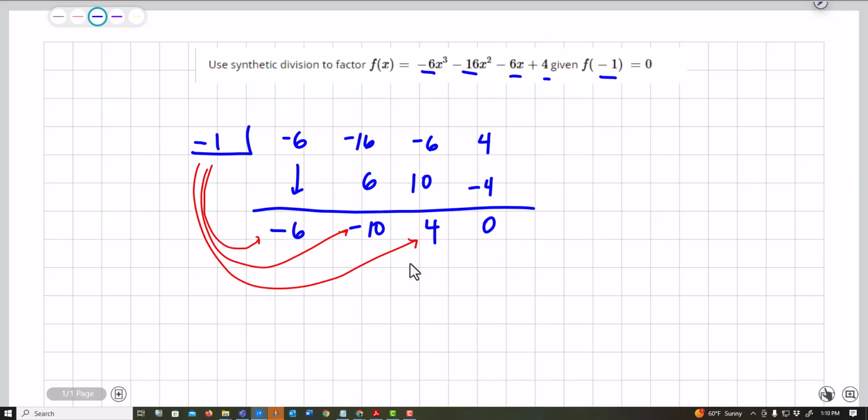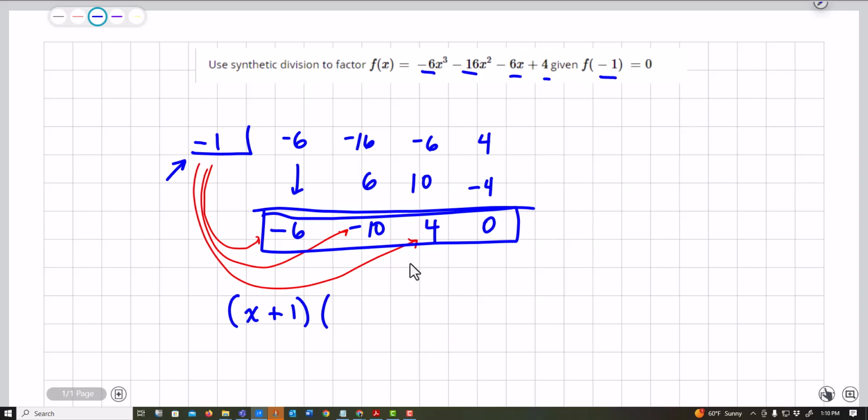And now from here, we can actually write our answer. I don't really need the 0, but our answer based on our first term. Now remember, you changed the sign. So our answer is going to be x plus 1 instead of -1.